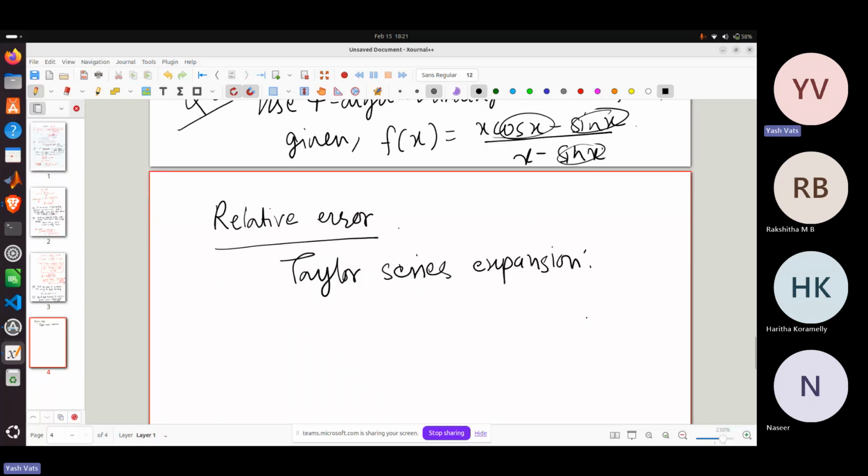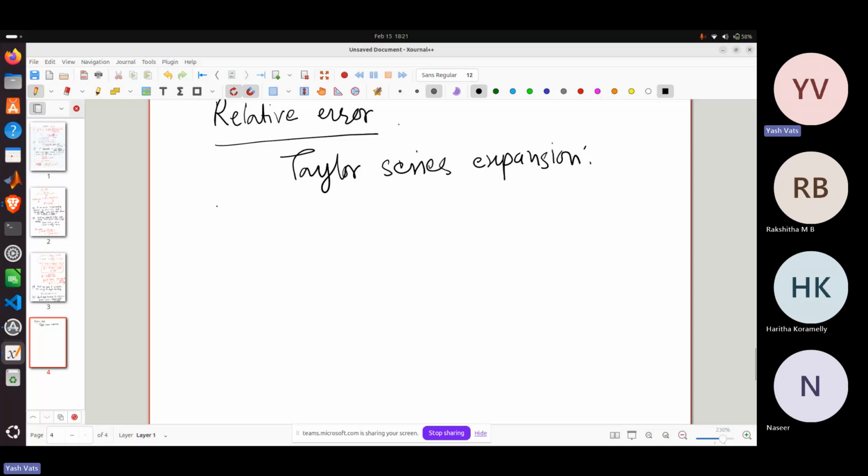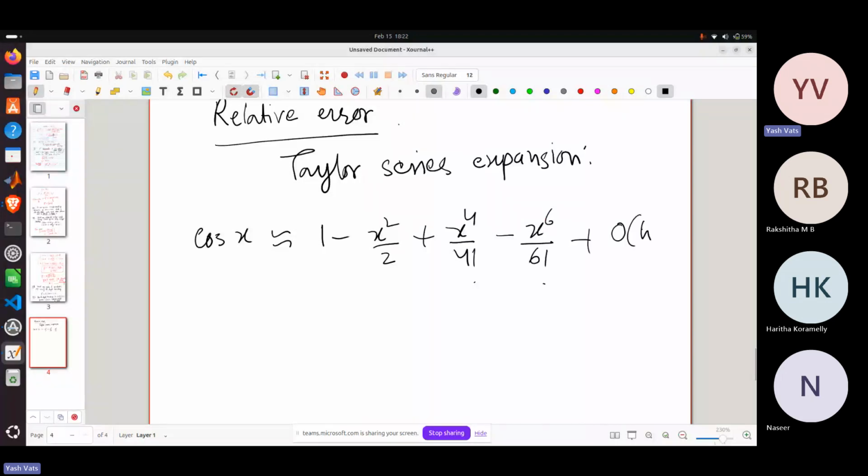Taylor series expansion of cos x is 1 minus x squared by 2 plus x to the power 4 by 4 factorial. If it says truncating up to order 7 or x7, then you need to stop it there.